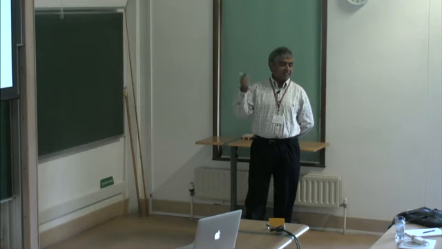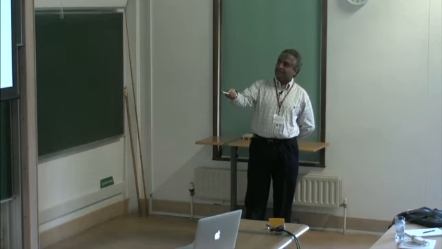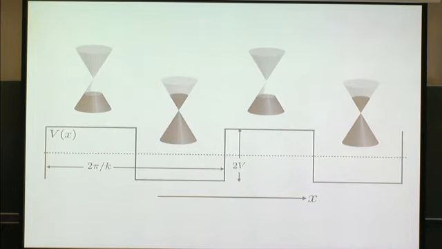V(x) has two dimensionful parameters. One is V itself, the height of the potential, and the other is k, the inverse wavelength of the potential. They both have dimensions of energy, so there's only one dimensionless parameter around, which makes life simple: V over k. I just have to vary V over k and figure out what the spectrum of the system looks like.